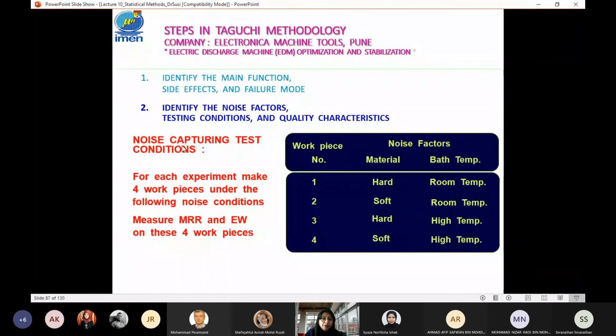This is the way that you run the noise. You need to repeat each experiment. Just now you saw there were 9 experiments, so you need to run it for all the 4 different noise factors: H1T1, H1T2, H2T1 and H2T2. So 4 different noise conditions are captured.